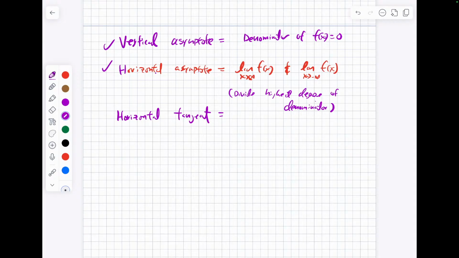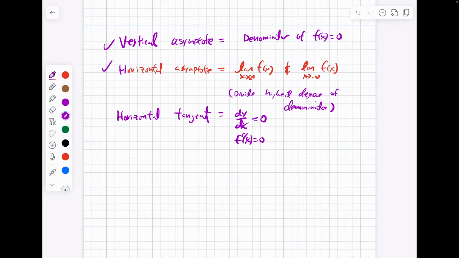Slope equal to 0. But can you tell me in terms of calculus? The derivative equals 0, or f prime of x equal to 0, because derivatives are slopes. Take a derivative, set it equal to 0.